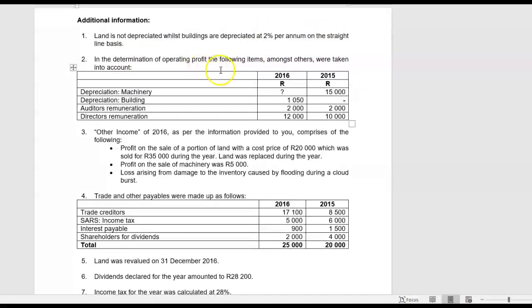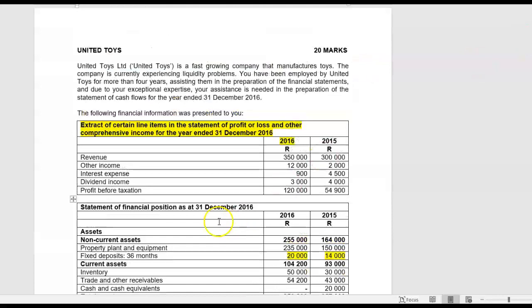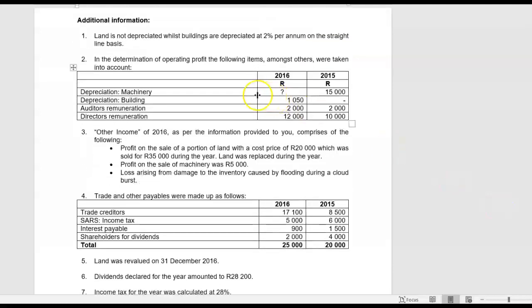Then in determining the operating profit, now you will see that we have operating profit here. We only have other income there. Amongst others, other things were taken into account: depreciation machinery, depreciation buildings, auditors' remuneration and directors' remunerations.